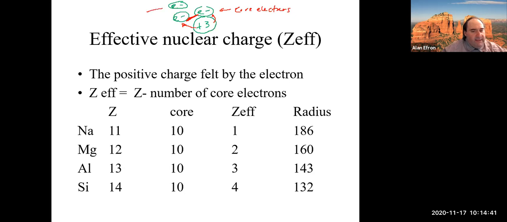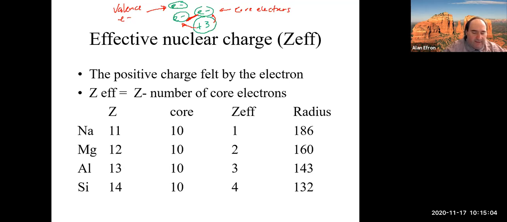Now, if we look at this outside electron here, which is sometimes referred to as the valence electron, our highest energy level electron, the one furthest away from the nucleus, this electron on the outside does not really feel the full brunt of that positive 3 attraction.